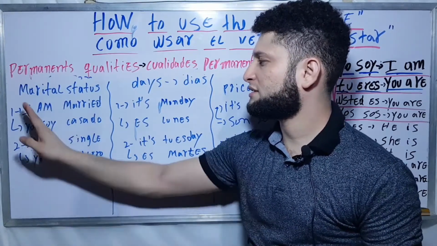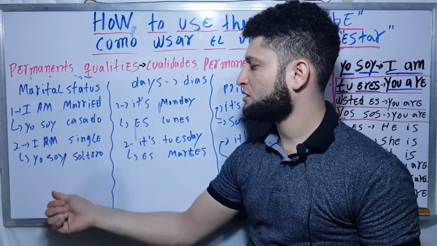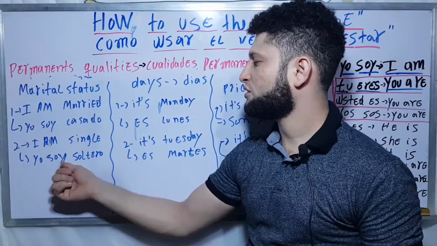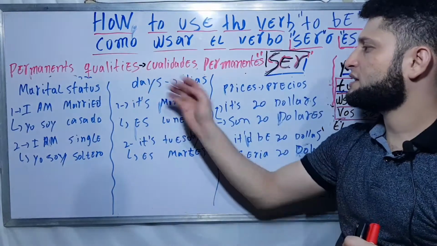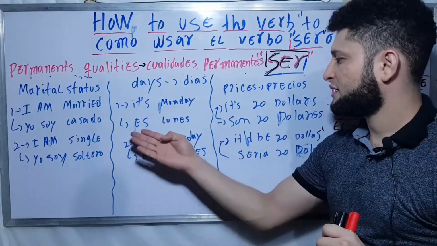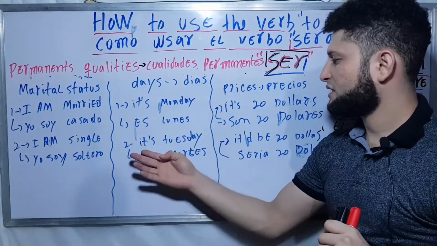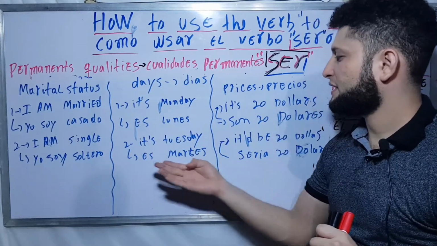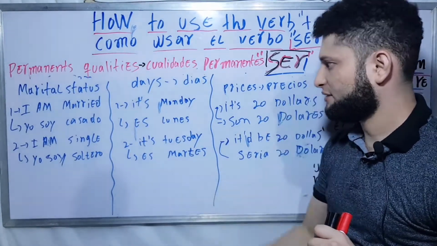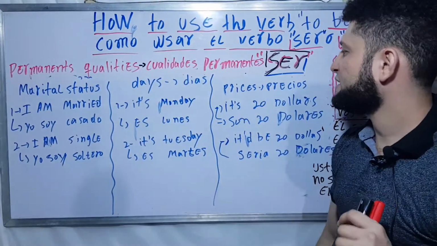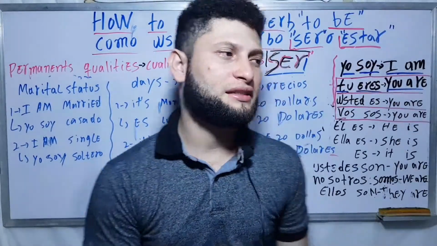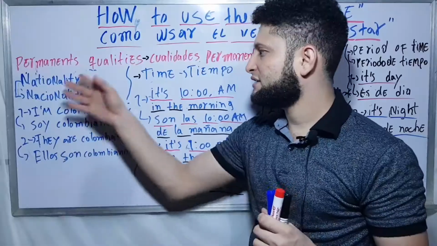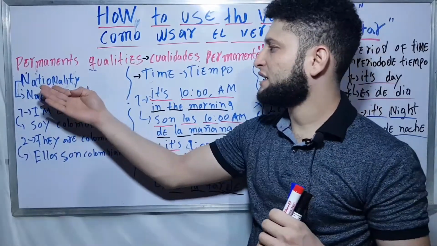Or just as I said, soy casado, soy soltero. Now with days, it's Monday, es lunes, it's Tuesday, es martes. So super easy guys. Now with prices. Guys, this is our next one.